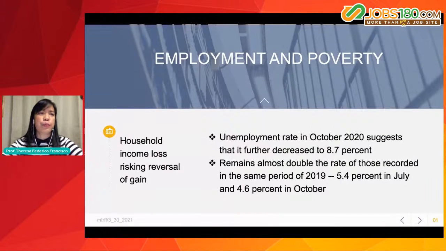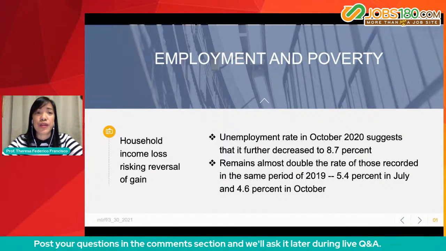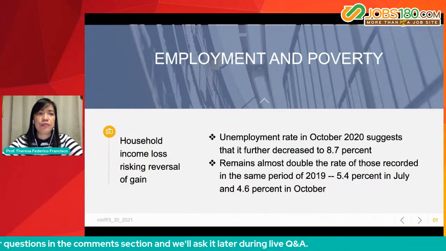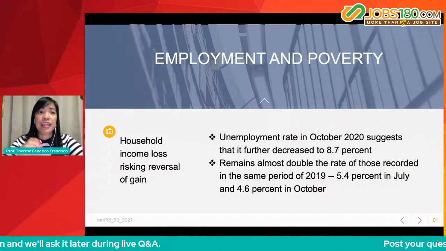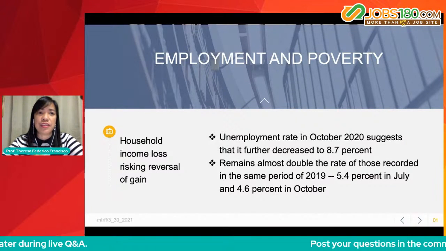Let's take a look at poverty and employment. Unemployment rate declined since the peak of the pandemic, yet it remains high. As the country gradually eased community quarantines introduced in 2020, the unemployment rate fell from 17.6% in April to 10.0% in July.